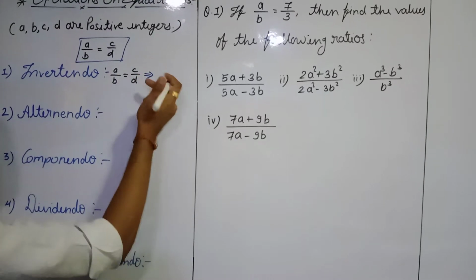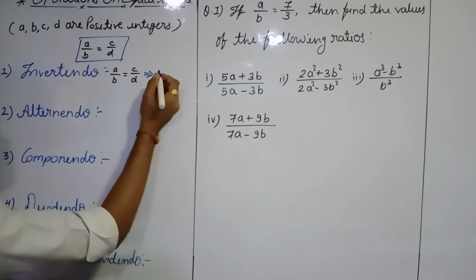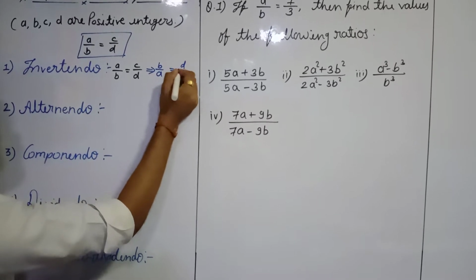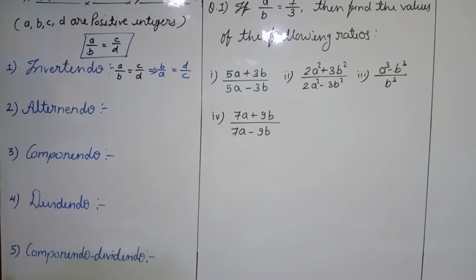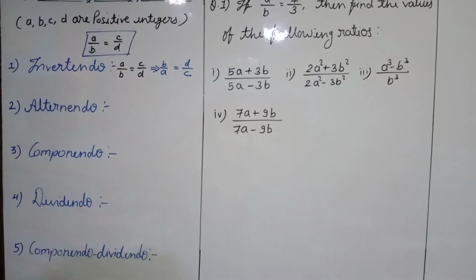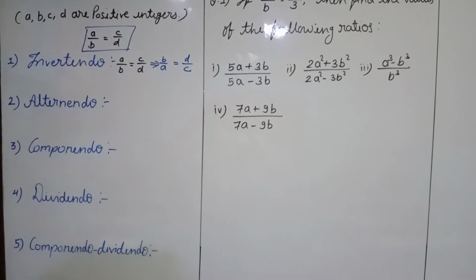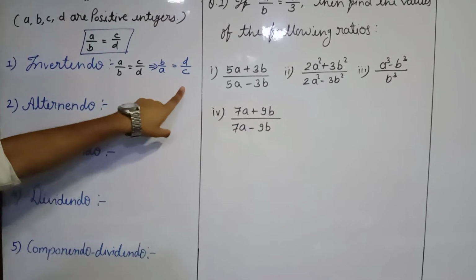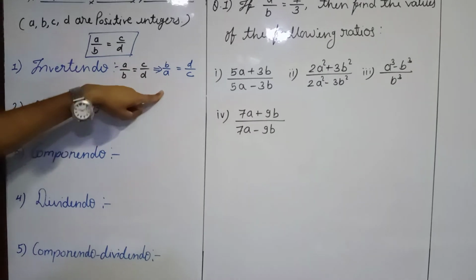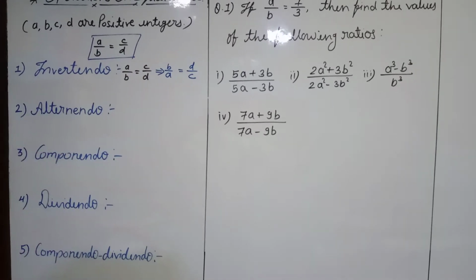We can reverse both the ratios, so it will become B upon A is equal to D upon C. The denominator will become the numerator and the numerator will become the denominator, and we have to do the same thing to both sides. That is the most important thing. If we are doing anything to the left hand side, the same thing we have to do to the right hand side.